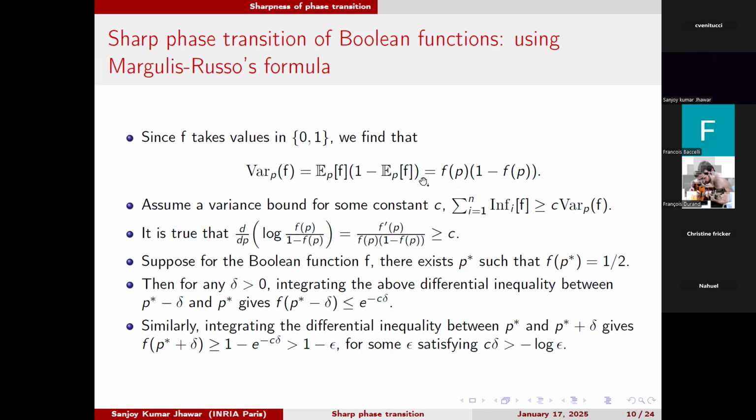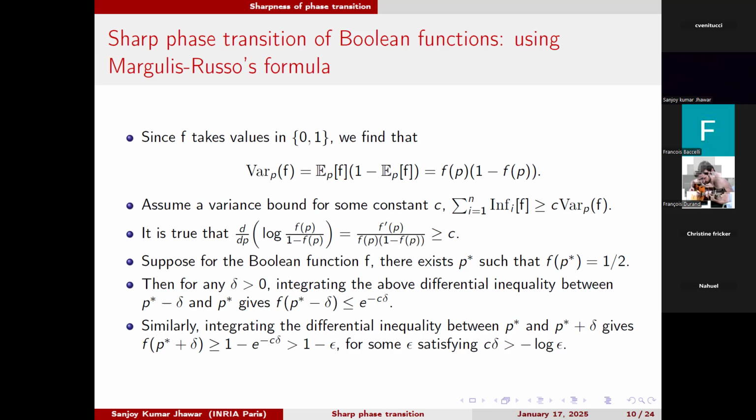Yeah, it is because you just plug in this equation for the variance, right? Variance is nothing but script f times 1 minus script f, right? Then you plug in the variance on this side. I see. And you get this inequality. You need this in order to write the equations.